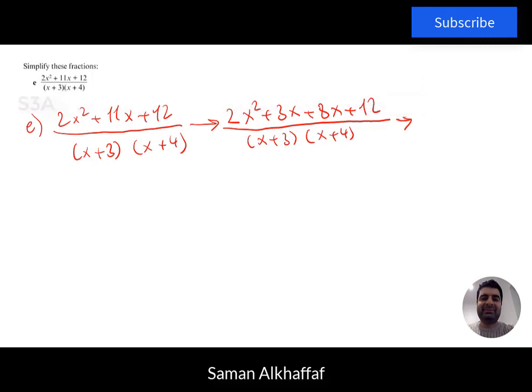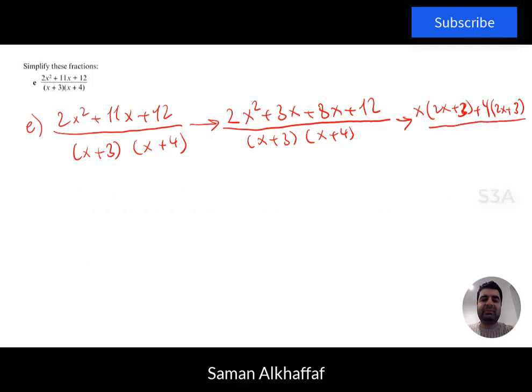So now we can take the 2x squared and the 3x, so that we can take x as a common factor, and we would have 2x plus 3. And also for the second part we can have 4 as a common factor, and we would have 2x plus 3.